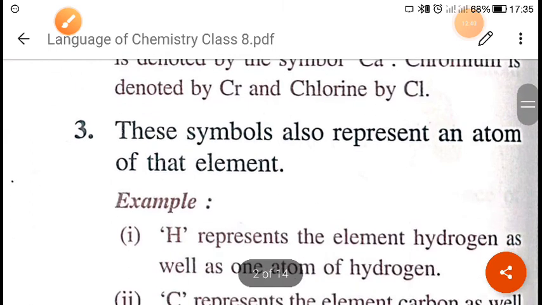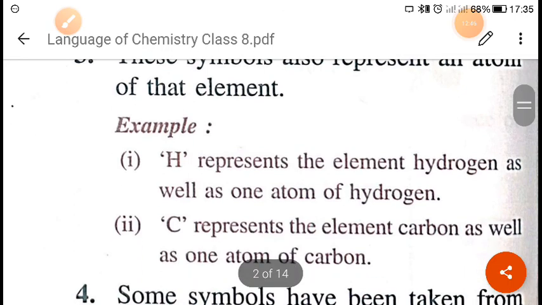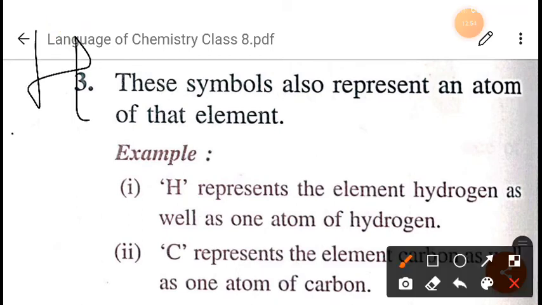Now next, a symbol also represents an atom of that element. This means that whatever symbols we are using also represent the atoms of that element. For example, when we talk about hydrogen, H represents the element hydrogen as well as the atom of hydrogen.